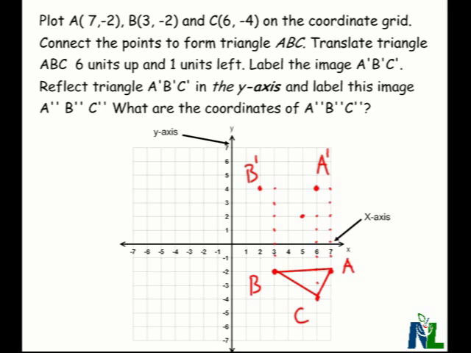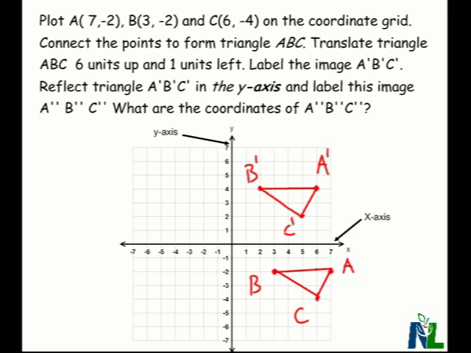And C would be now moved to here, and we will label this C prime. Next, we will connect up these points to make a new triangle. Okay, we now have a new triangle, A prime, B prime, C prime.